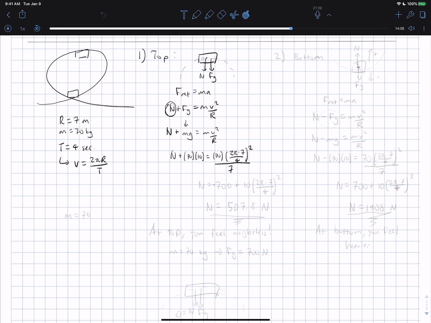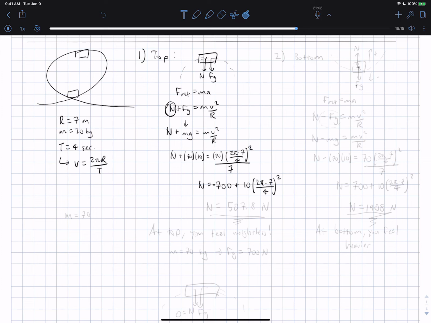And you would solve that, so that would end up being negative 700 plus, I'm going to simplify here, 70 divided by 7 is 10, 10 times 2 pi times 7 over 4 squared.